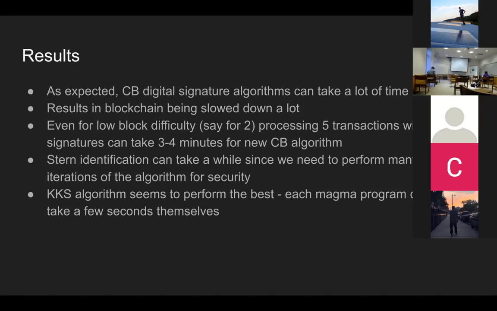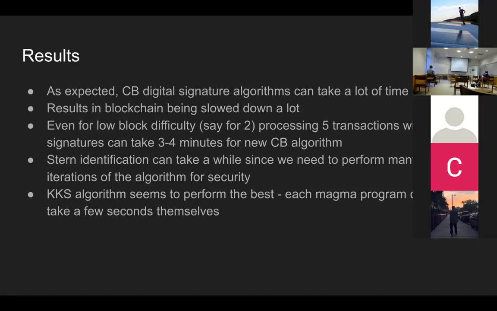But it depends on how much rejection we're doing. There's a lot of variability. It could be anywhere from 1 to 5 minutes for that number of transactions. So it's obviously not great.